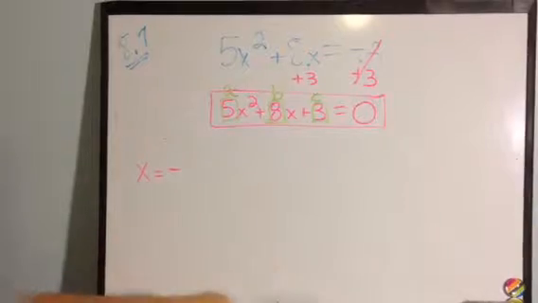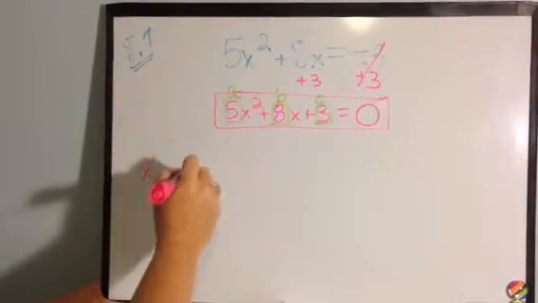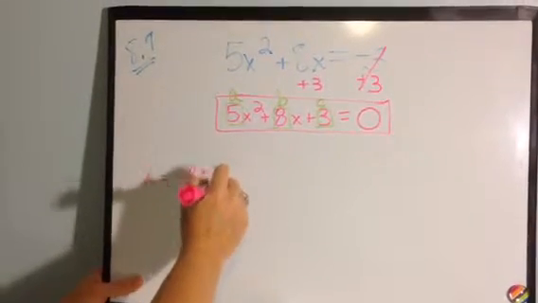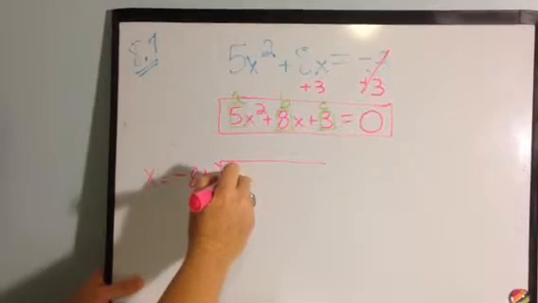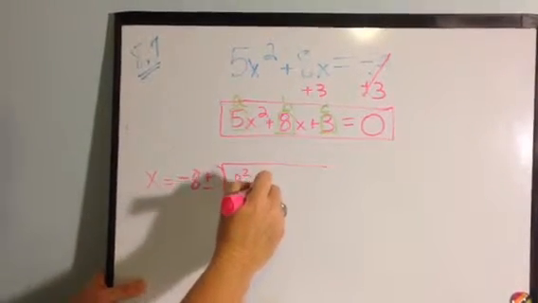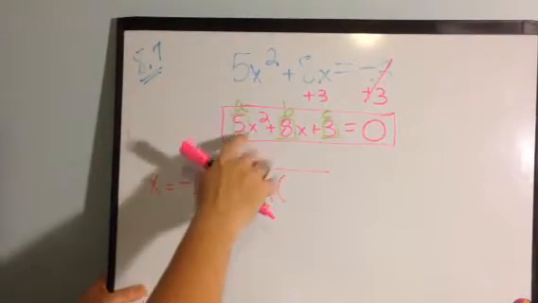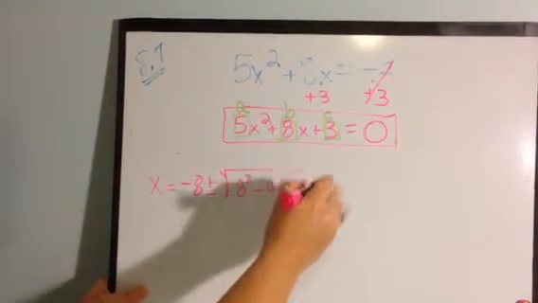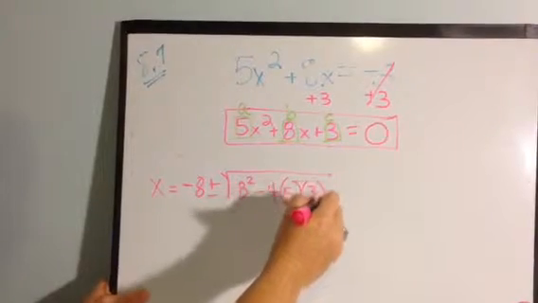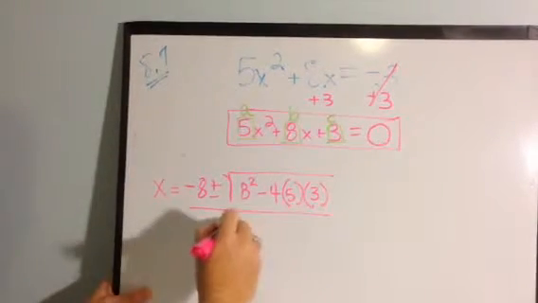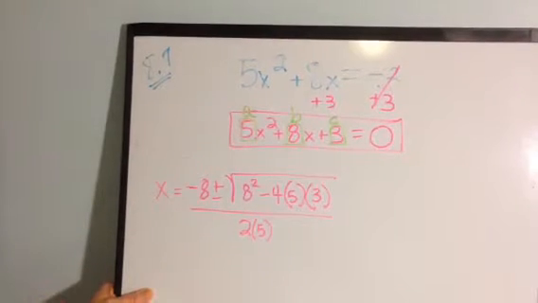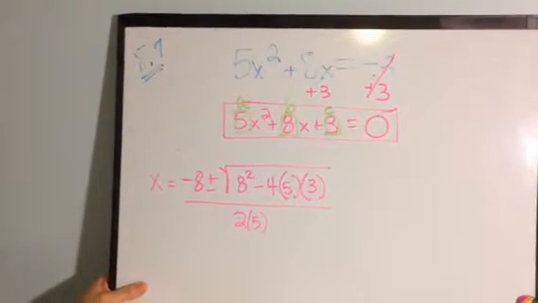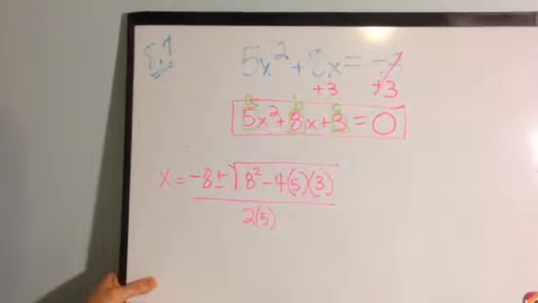Okay? So I have a negative b, so negative 8, plus or minus the square root of b squared, which would be 8 squared, minus 4 times a times c, and the whole thing divided by 2a. Okay? So now all you have to do is clean it up. You just have to solve the math of it.